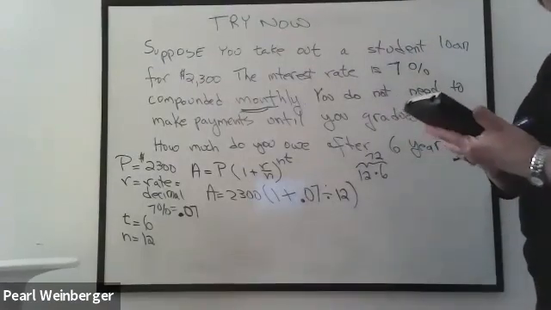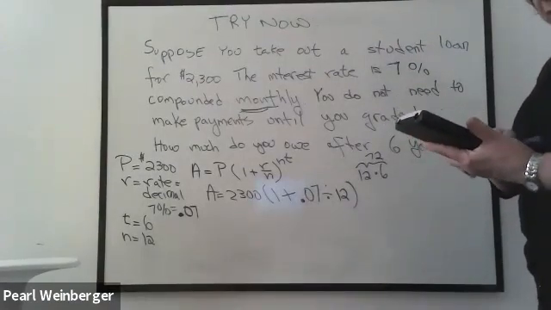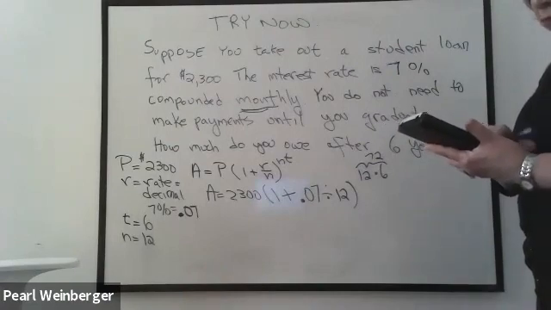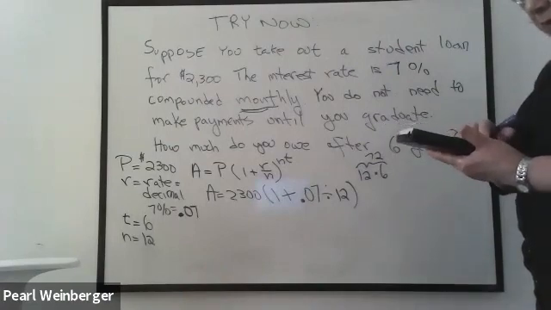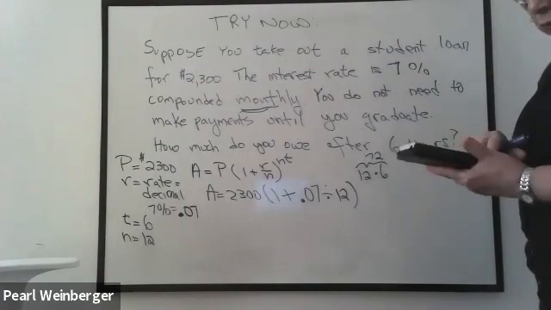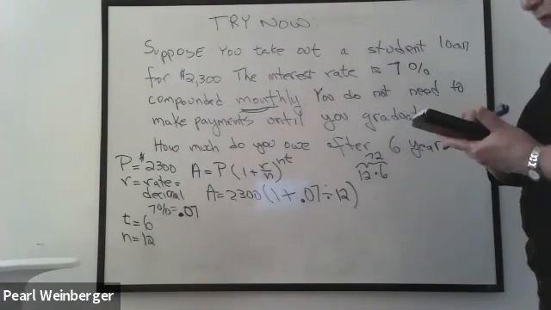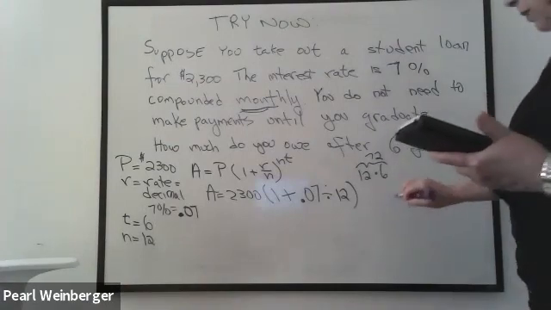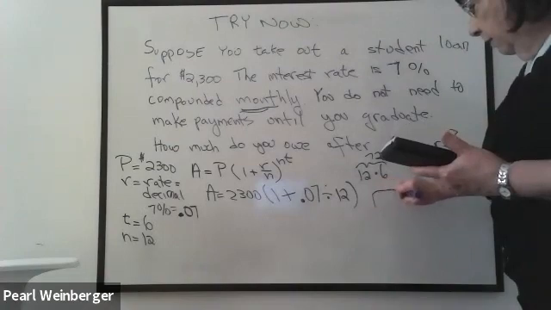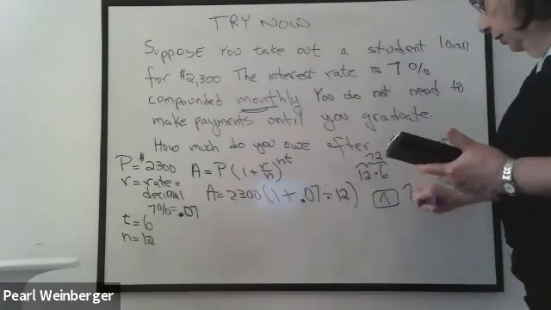Okay, I'm putting this into my calculator. 2300 parentheses 1 plus 0.07 divided by 12, close my parentheses, press my exponent button. Remember, the exponent button usually looks like this, and you put in 72.